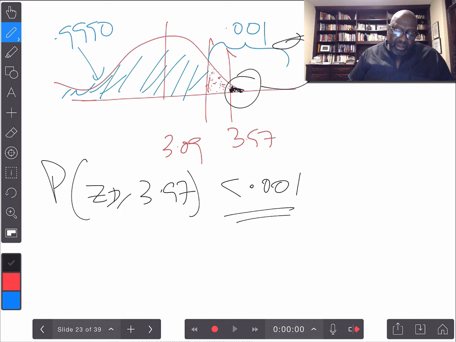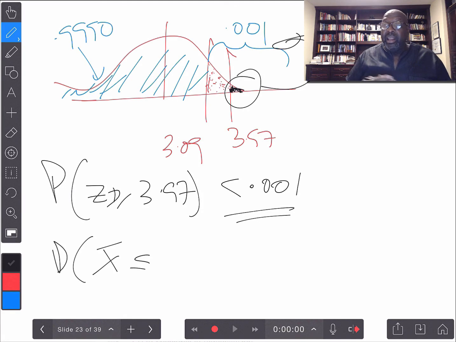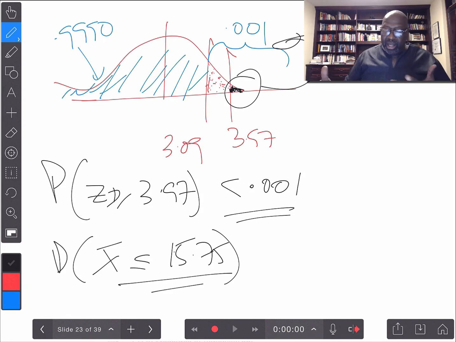So we could have other similar questions, like what is the probability that the average for the random sample will be less than 15.75 weeks. And we could do the same thing, calculate the Z value and so forth.